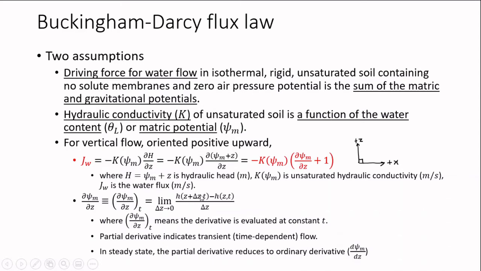All right. So since we want to evaluate this derivative at constant time, it means that the derivative is evaluated at a particular time. Okay. Partial derivative indicates transient time-dependent flow. Okay. So in steady state, the partial derivative reduces to an ordinary derivative, so you get d psi M over dZ, right?